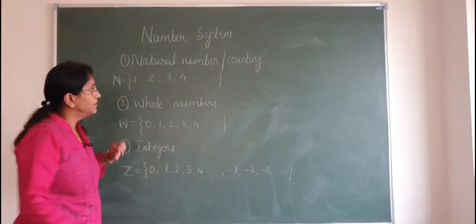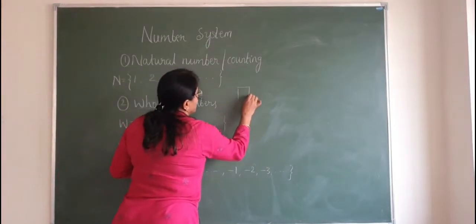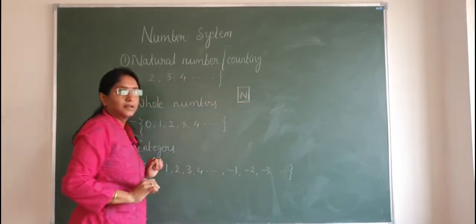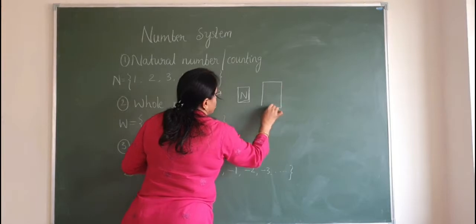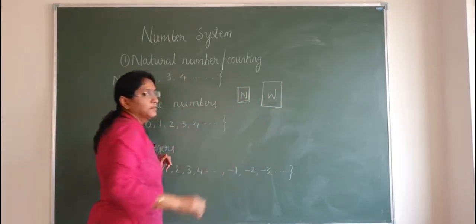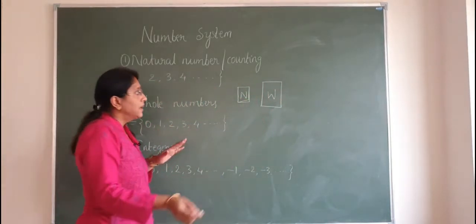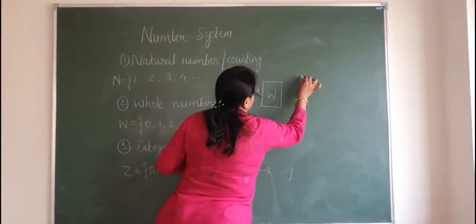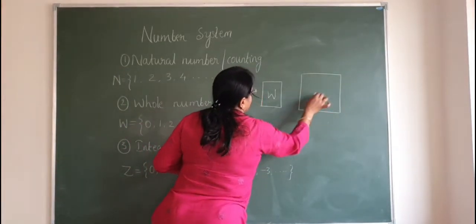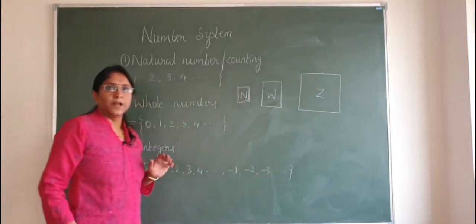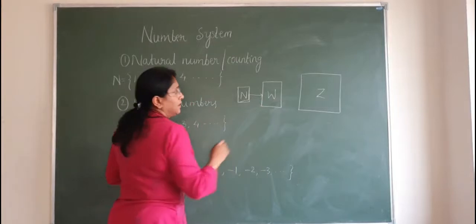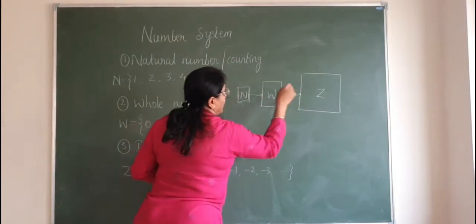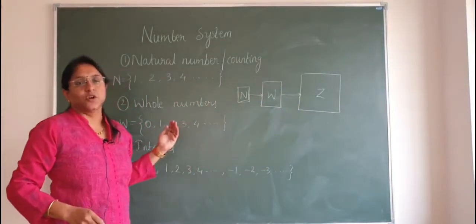To remember this, I take one small box. Here I'll put only natural numbers. Then I'll take a little bit bigger box. Here 0 is included, so it becomes W, whole numbers. Then I'll take a bit larger one like this. Here these are integers. Now all natural numbers are whole numbers, all whole numbers are integers, but the reverse is not true.